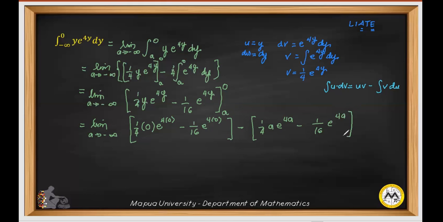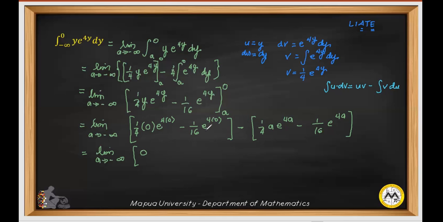And this will give us the limit as a decreases without bound of, of course, 1 over 4 times 0 times e to the 0. Although e to the 0 is 1, it will give us 0 since one of the factors is 0.